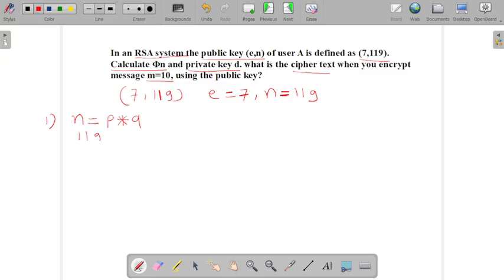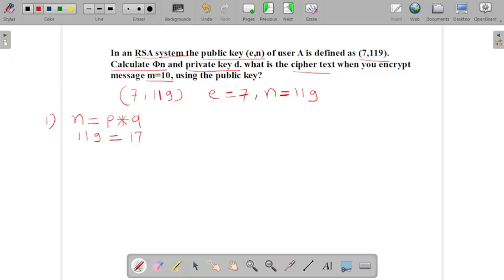So 119 is the product of 7 and 17. So we have to take the factors of these two prime numbers. So we are taking these prime numbers, like 17 and 7. You can also write 7 into 17, as well as 17 into 7.